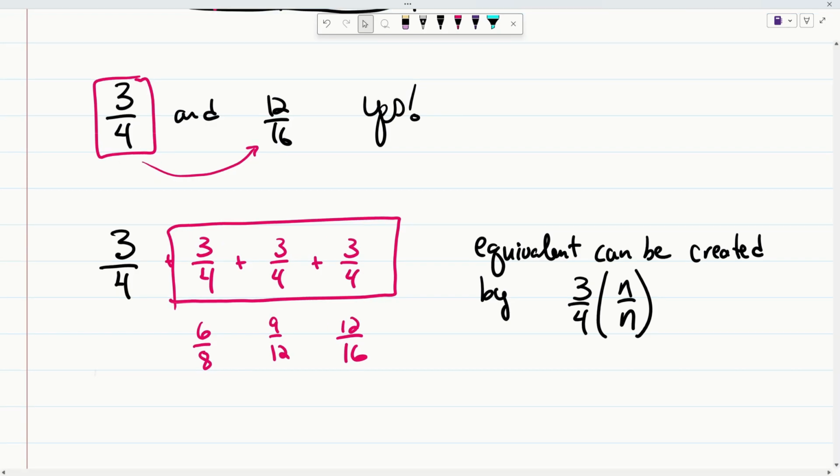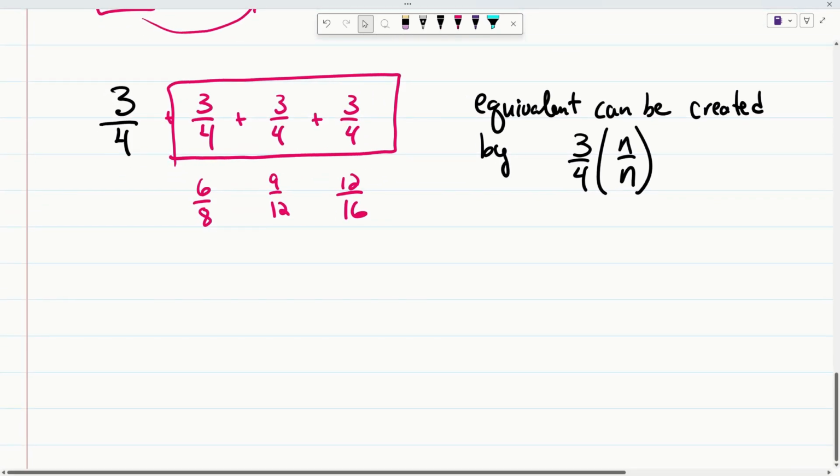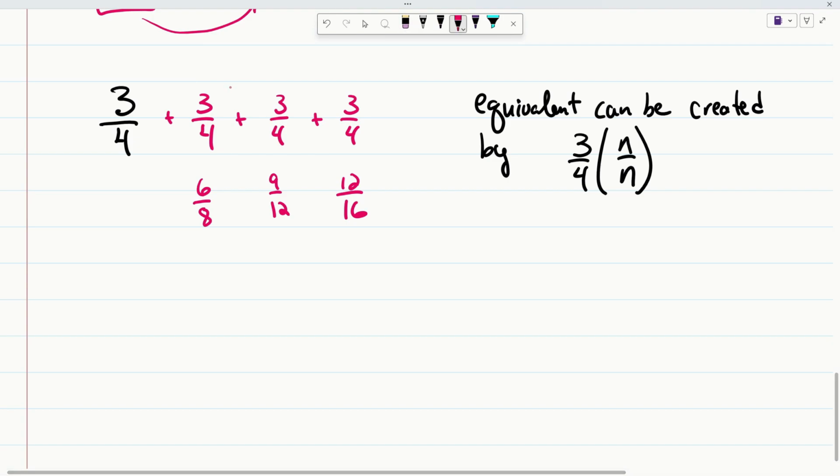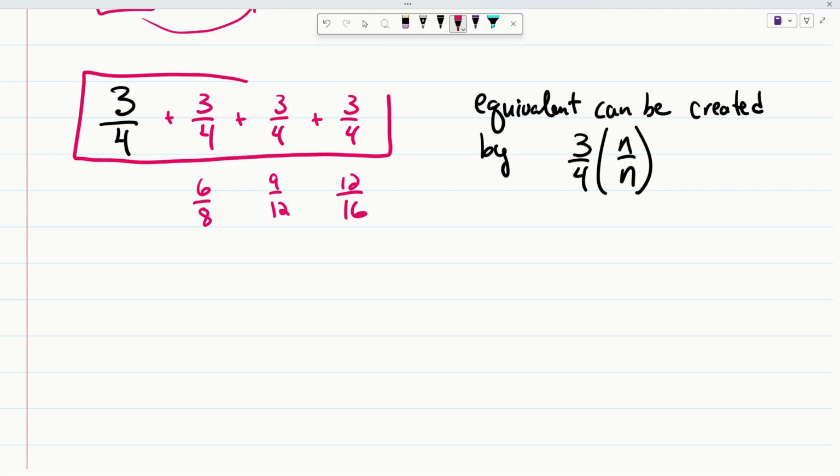All right. So here we have 3/4, and let me drag this out here a little bit. We have 3/4, and how many 3/4 do we have? In other words, how many total are we adding? Well, we're adding 4. So if I change this to 4/4, look what you get. 3 times 4, 12. 4 times 4, 16.